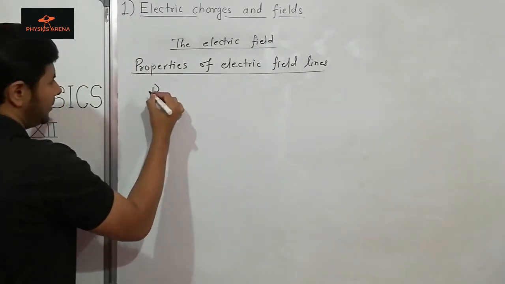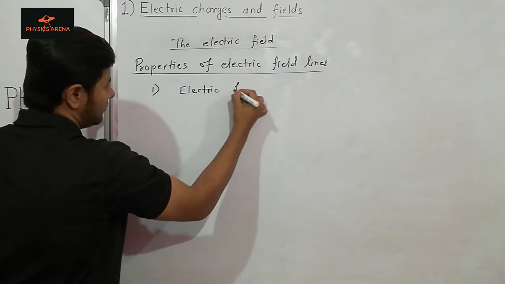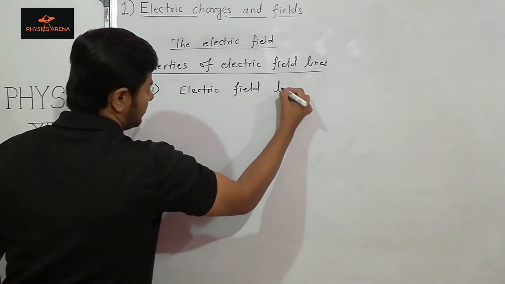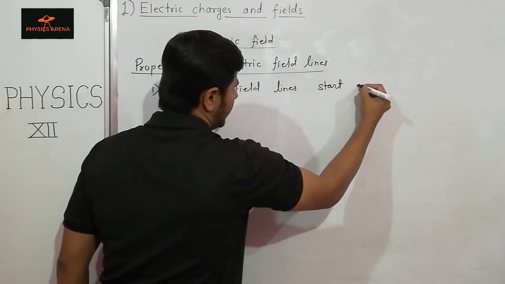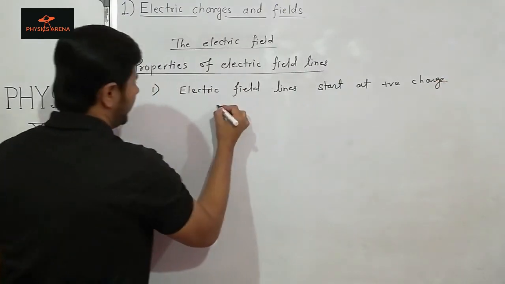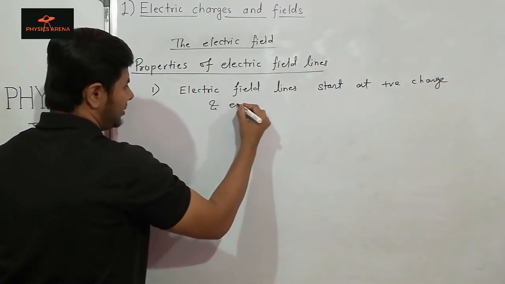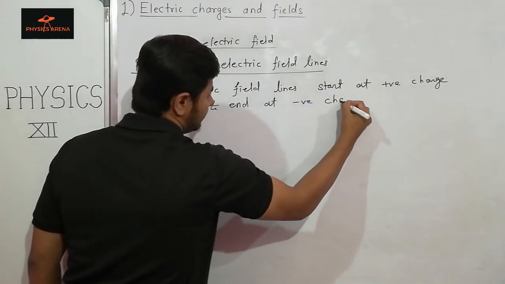And the properties are: electric field lines start at positive charge and end at negative charge.